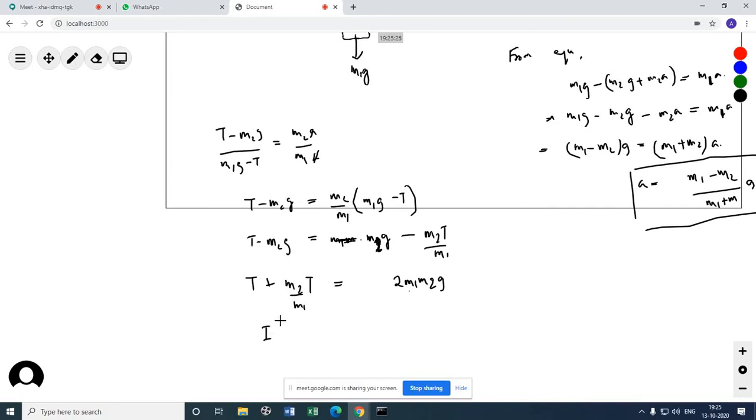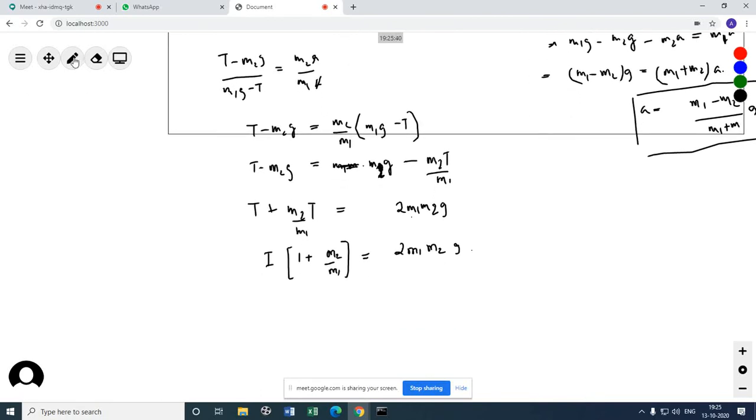Then I can take T common out. What will I get? If I take T common out, I'll get 1 plus M2 by M1 equal to 2 M1 M2G. Little manipulation now. So T into M1 plus M2 divided by M1 is equal to 2. Any mistake here?